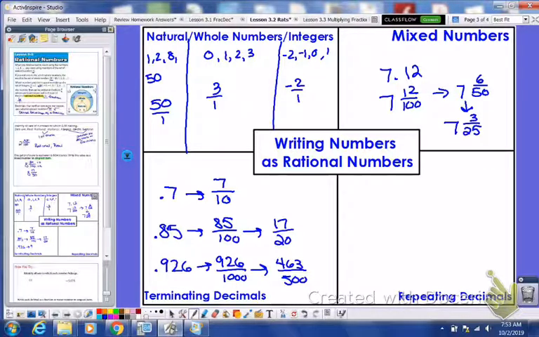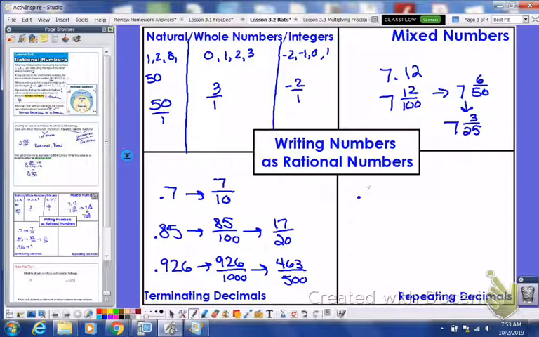Basically what we're doing here is how many decimal places do I have? That's how many zeros I start with. So I had 2 decimals, 2 zeros, 3 decimals, 3 zeros. Keep that in mind because we're going to use the same kind of idea for repeating decimals.